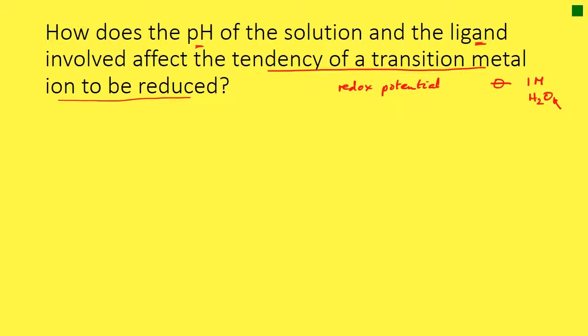For a standard electrode potential the ligand is water, but for a redox potential, if we've got a different ligand, then our redox potential is going to be different to the electrode potential, which uses water as the ligand. And also the concentration might not be a standard 1 molar concentration, it might be different. So let's first have a look at the effect of the ligand.